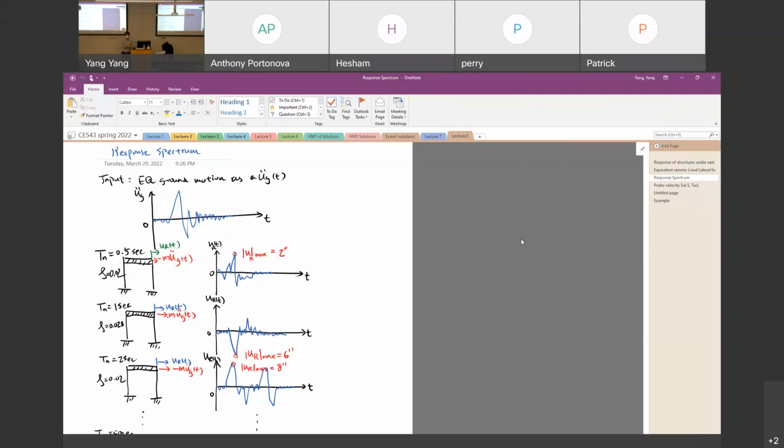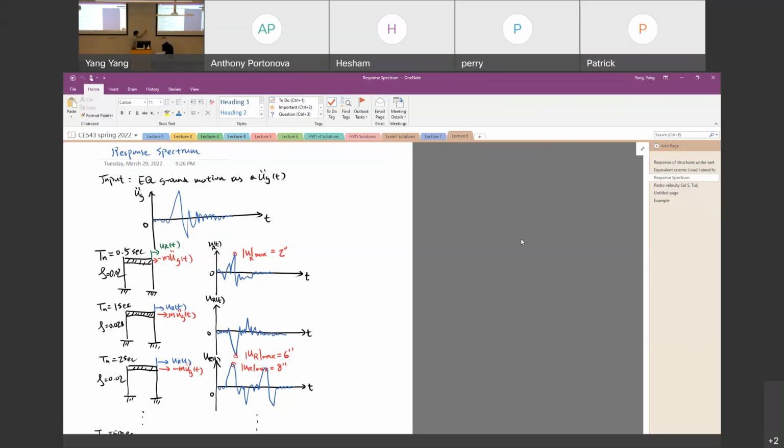For example, in California, there is a network composed of, I would say, maybe thousands of accelerometers installed on the foundations of buildings or even on open ground. So a lot of earthquake records can be obtained during earthquakes, because earthquakes are very active in California.